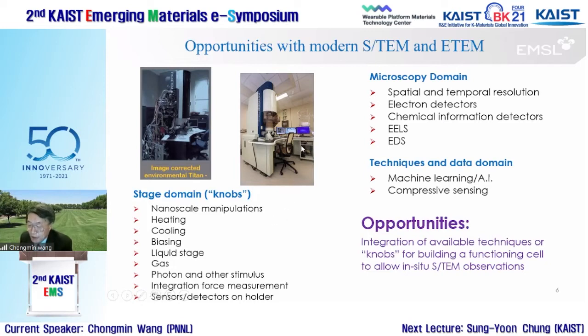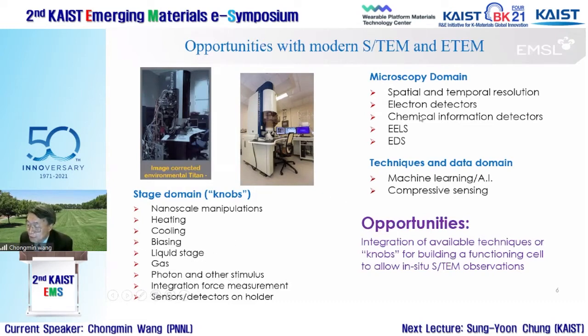There are several domains we can play around with. On the stage, for example, you can do nanoscale manipulation, heating, cooling, biasing, go to a liquid or gas stage, or apply other stimuli such as photons. All of this you can play around with on the stage.